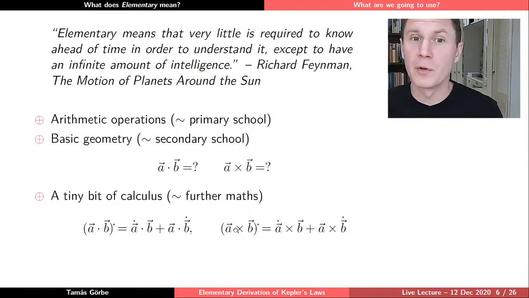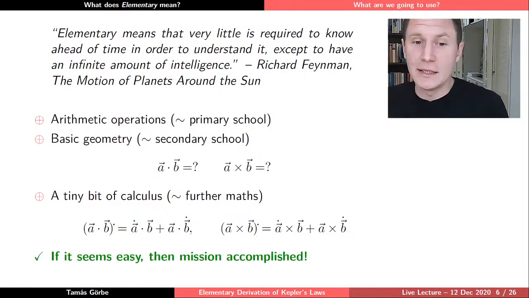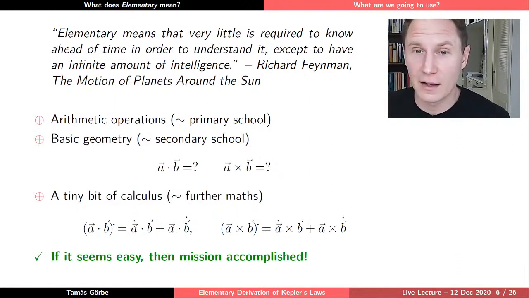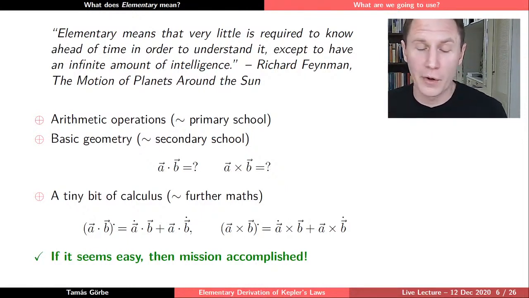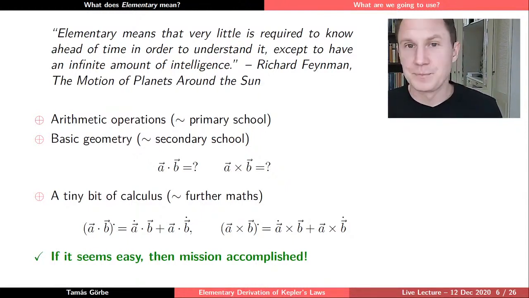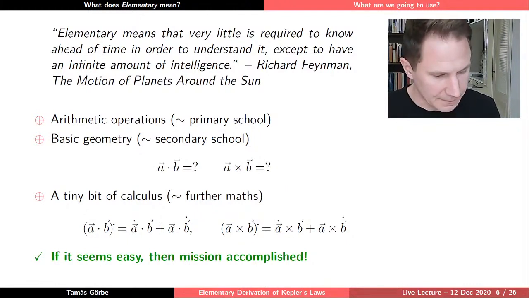So this is all I'm going to use basically. And if it seems easy for you, then mission accomplished. Then I proved my point, my point being that this derivation should be elementary.